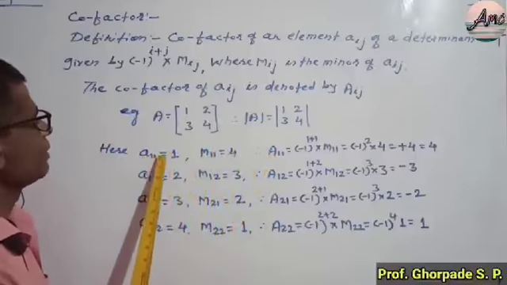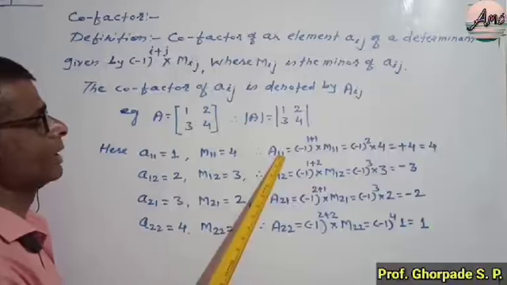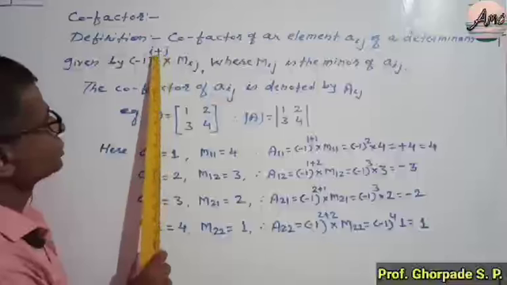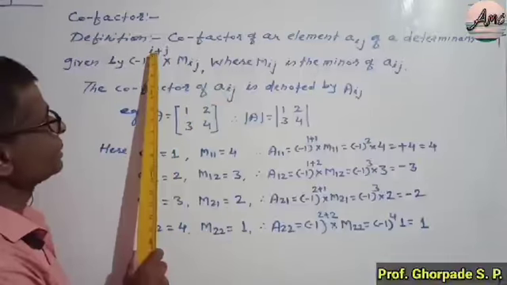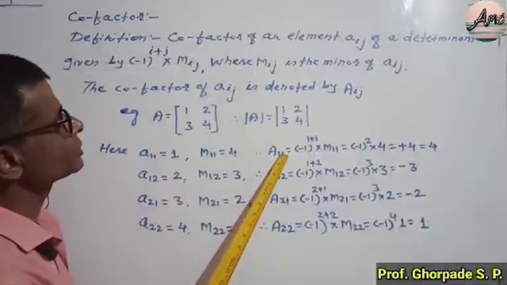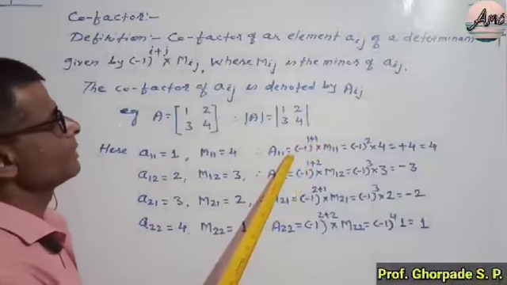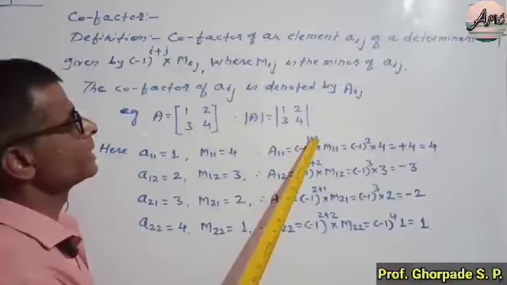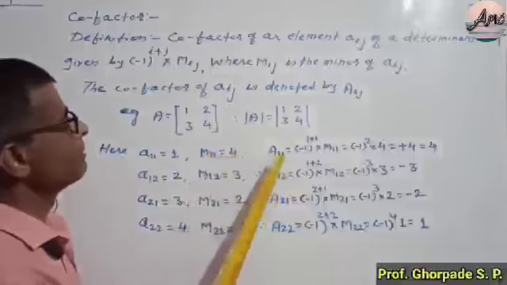Then what is the cofactor? Cofactor of A11 is denoted by capital A11. That is minus 1 to the power of i plus j, means ith row plus jth column. Your row is first row, first column. Add it. So A11 equal to minus 1 to the power of first row plus first column into M11.